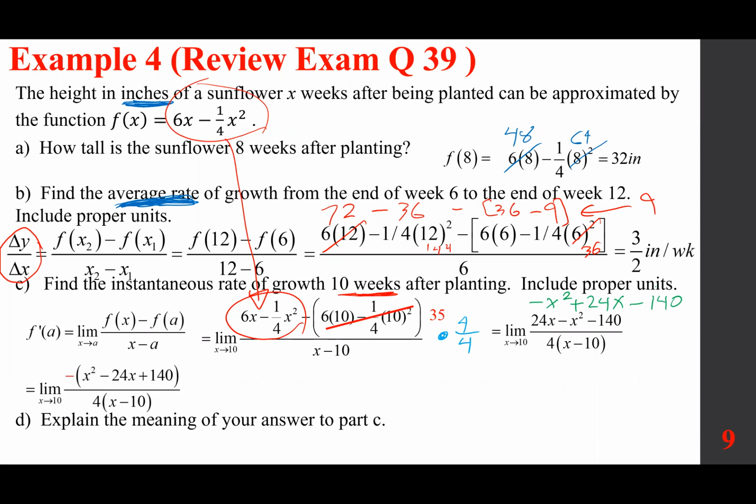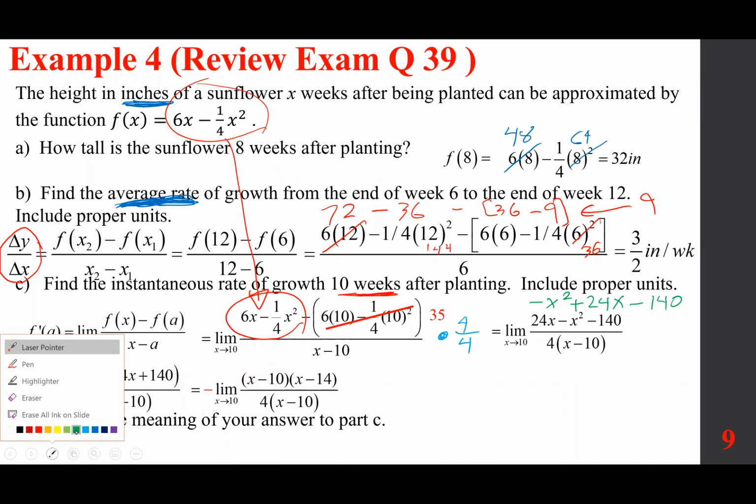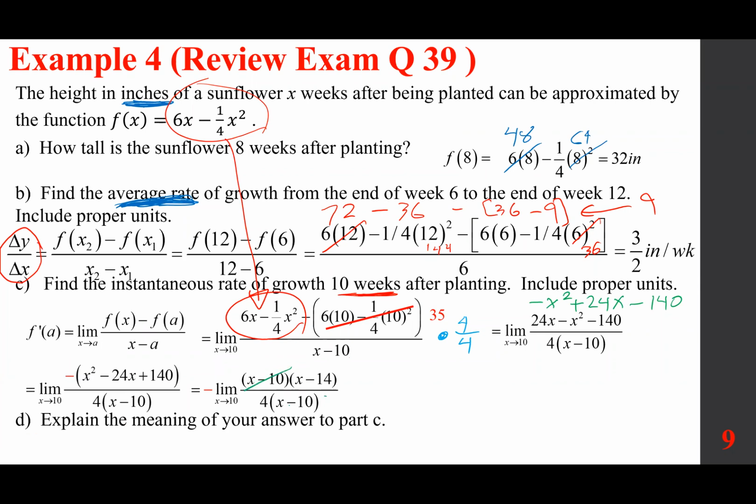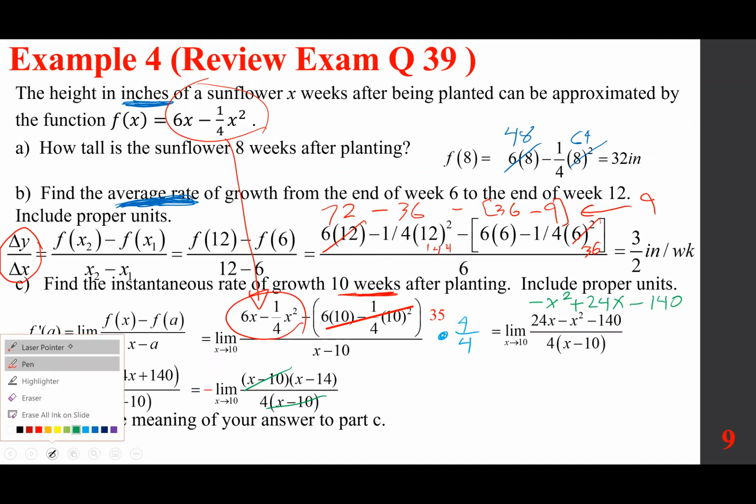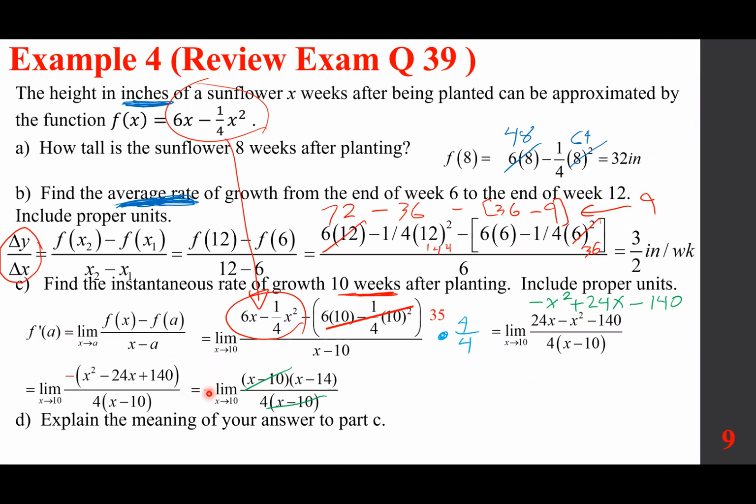So notice what I do here. When I take the negative sign out, I put it in red so everybody can see I did that. So this becomes x squared, this becomes minus 24x, and this becomes plus 140. And this is the easy factoring. You do the factoring x minus 10, x minus 14, and now x minus 10 drops. So what are we left with?